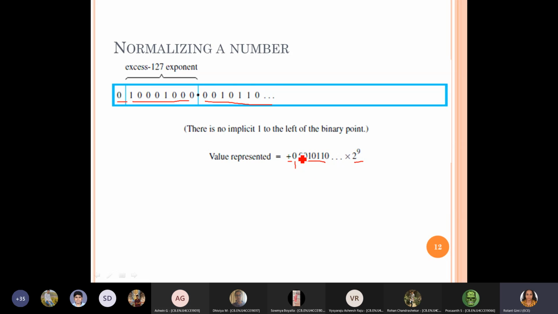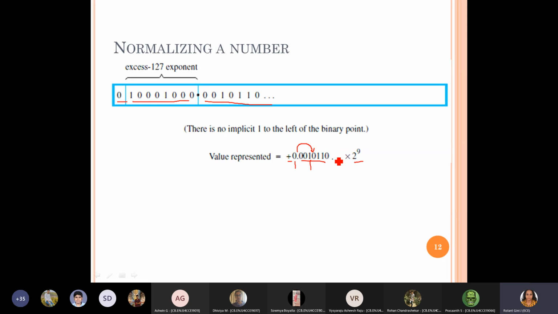So this binary point should be shifted to a non-zero value, and here 1 is the only possible non-zero value, and the first one appears here, right? So this binary point should be shifted only after this, so that it becomes 1.0110, whatever the number follows.